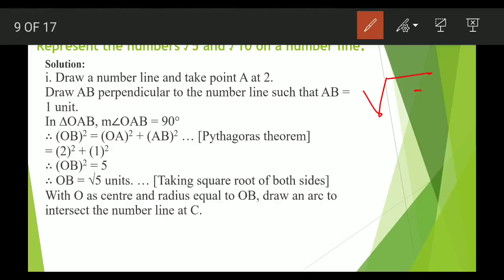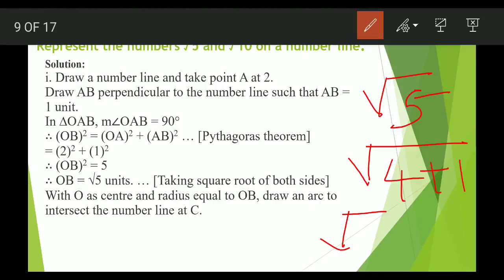So I have root 5 here. So I can write it like this: 4 plus 1. 4 is the square of 2, so 2 square plus 1 square.